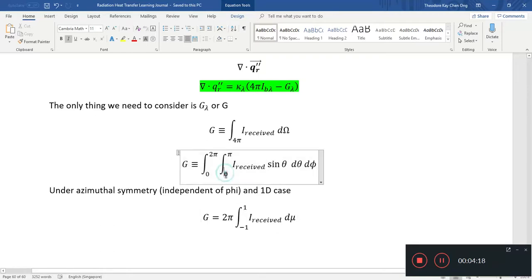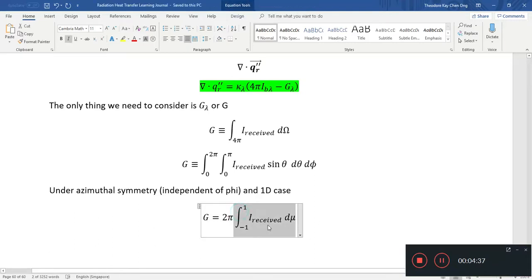At theta equals 0, mu equals 1, theta equals pi, mu equals -1, but d mu is minus sine theta d theta, and so we swap the limits around and we arrive at this. So what is I received?